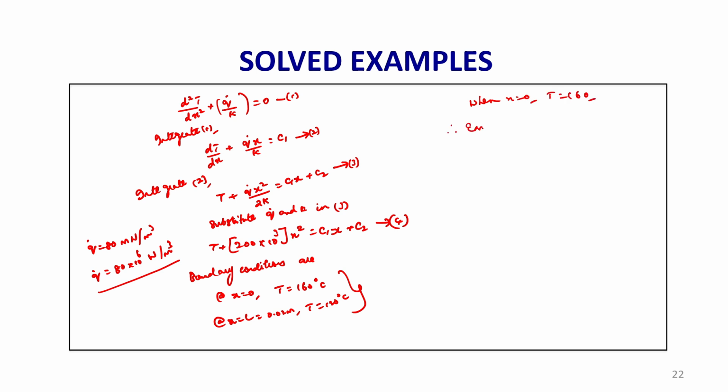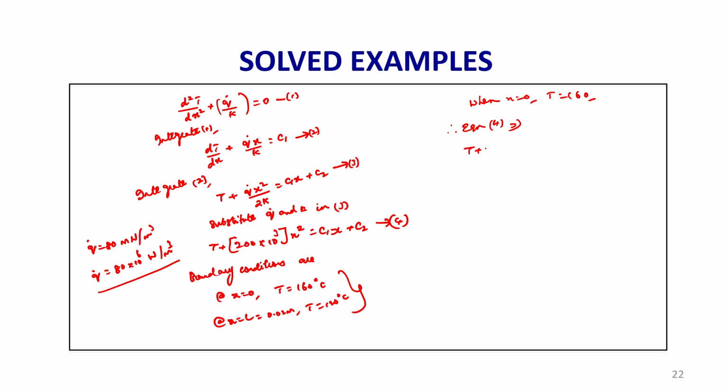These two are to be substituted. When x is equal to 0, temperature is equal to 160. Therefore, equation 4 becomes, at x equal to 0, the x square term is 0, so that term gets cancelled.